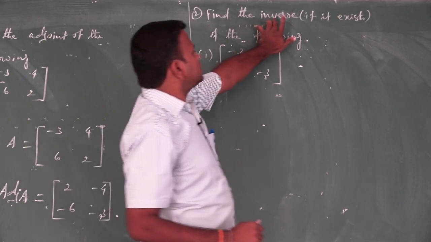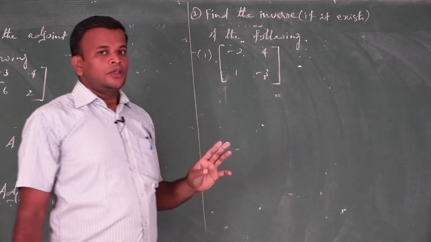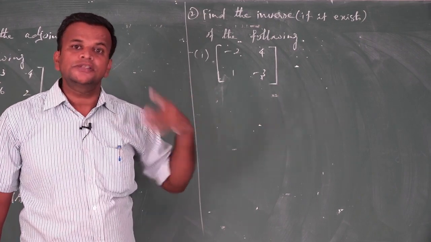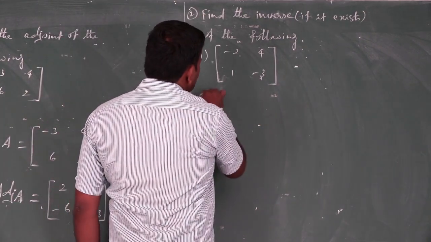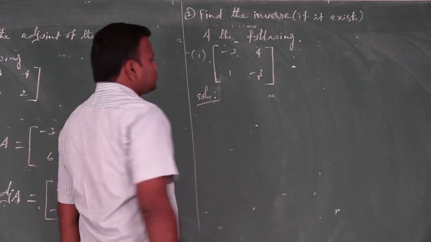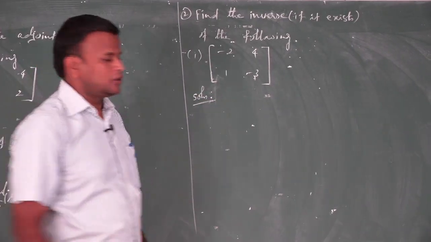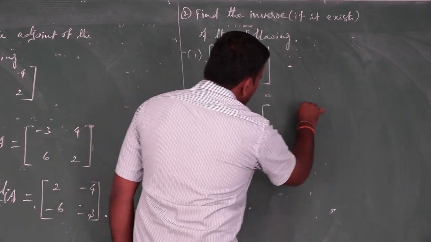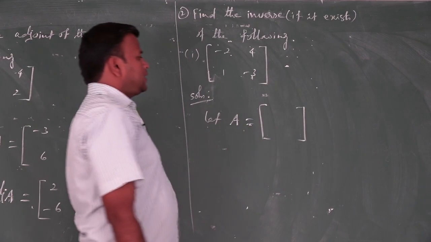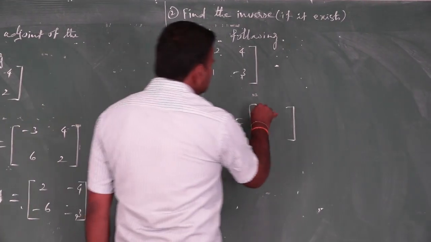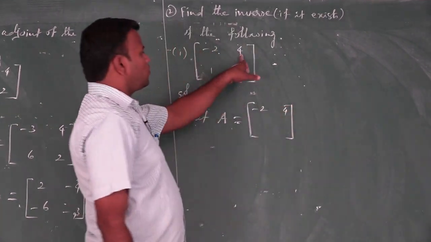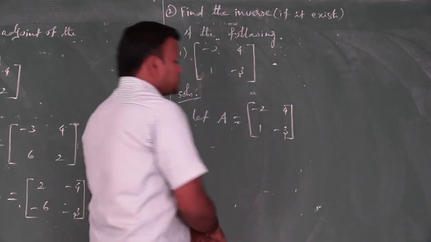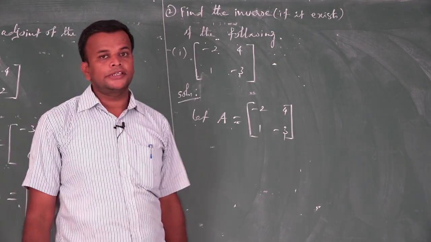Here also the name of the matrix is not given, so as the first step we put the name of the matrix, again A. Let A be equal to minus 2, 4, 1, minus 3.